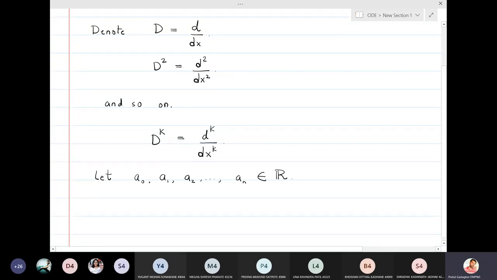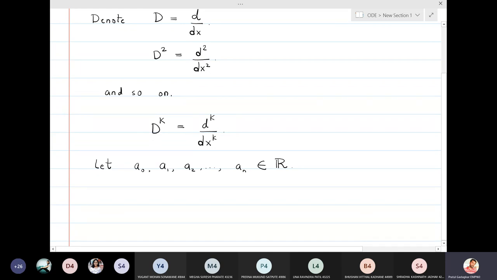I'm going to take the constant a naught and multiply by the nth derivative, D power n, plus the next constant a1 multiplied by the n minus 1th derivative, and so on. The n minus 1th coefficient, a n minus 1, I'm going to multiply by only one derivative, plus the last constant is an, which has no derivative. This combination I'm going to call A.